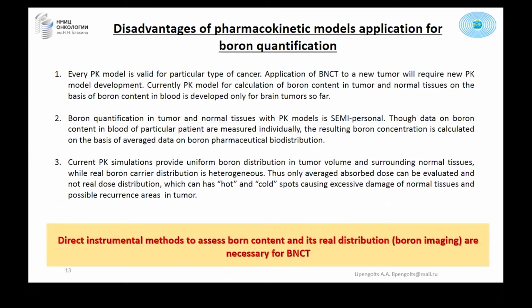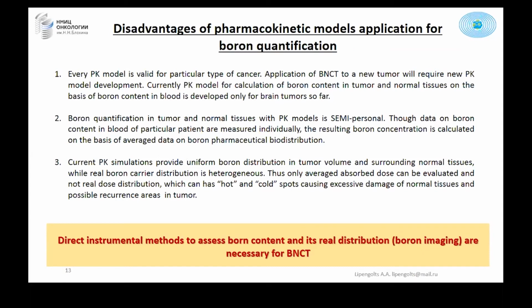What is the disadvantage of this approach? Every pharmacokinetic model which is developed is valid only for a particular type of cancer. And the model which I described on the previous slide was developed for brain tumors. If you apply BNCT for some other type of tumors, then you have to gather some experimental data on distribution of boron and develop a new pharmacokinetic model.